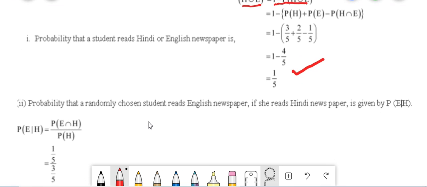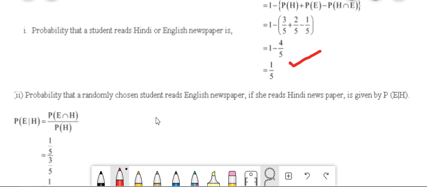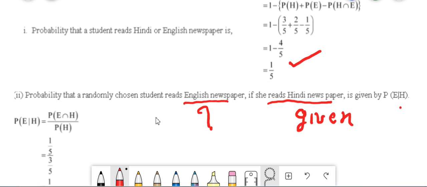Okay, second question. The probability that a randomly chosen student reads English newspaper if she reads Hindi newspaper. Means this is given and this you have to find out. So in short, we have to find P of E given H, a conditional probability.